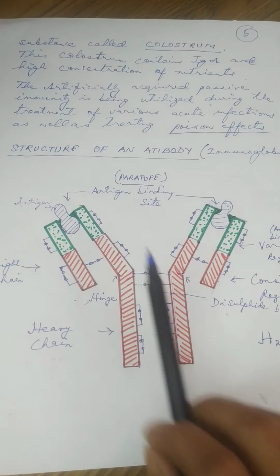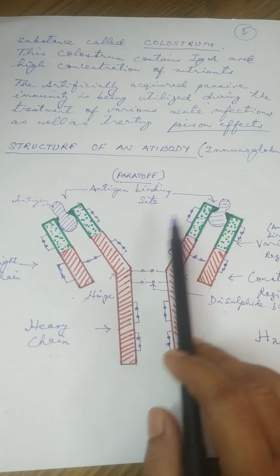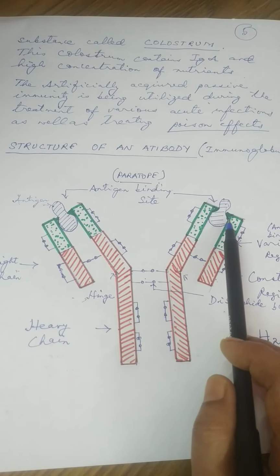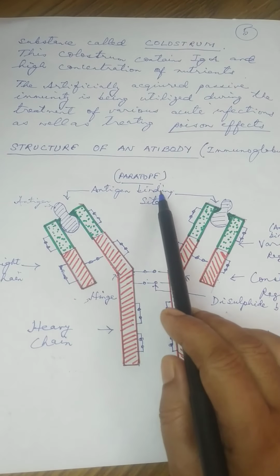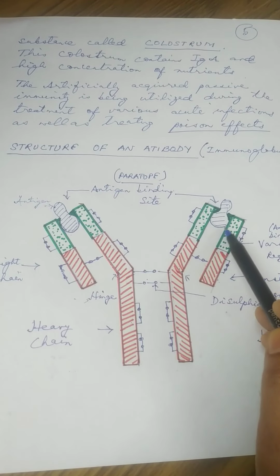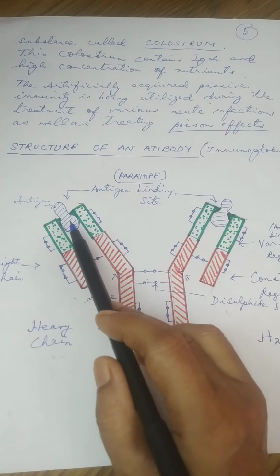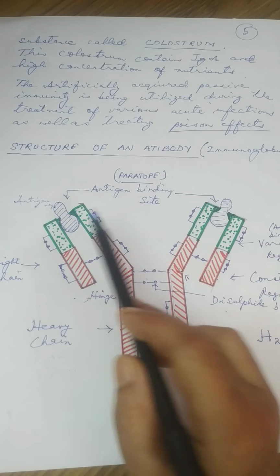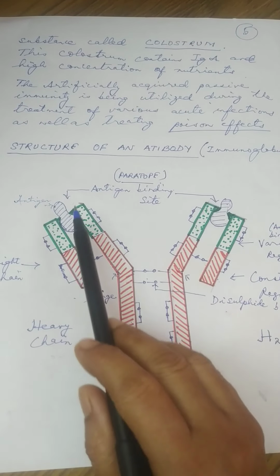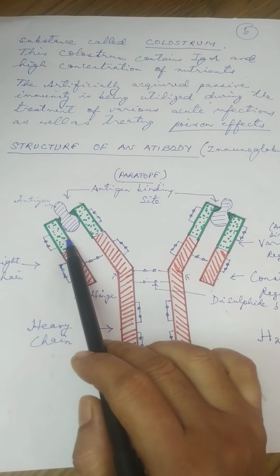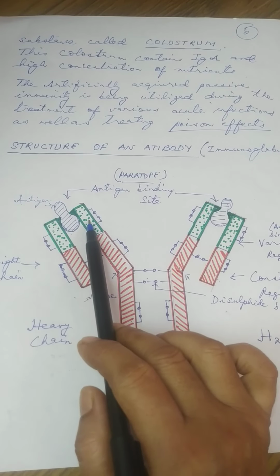Now in the variable region, there is an area present, and this area constitutes the antigen binding site. So this will be the antigen binding site, and to this antigen binding site, the antigen will get attached. Once the antigen gets attached, the linkage will be just like lock and key.